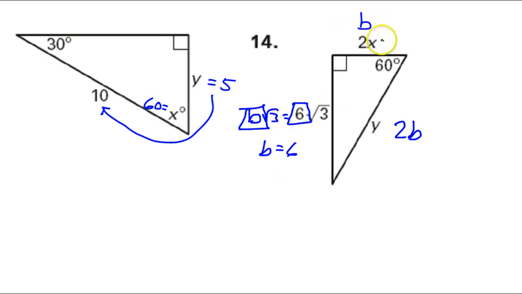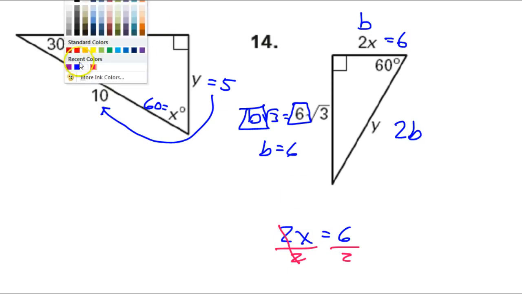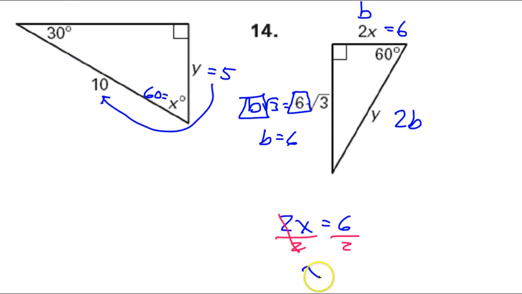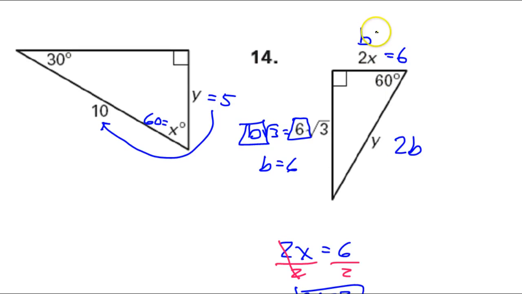Okay, in other words, you see the b and the 6, you know, b is clearly 6. Alright, so if this is 6, then that means 2x is equal to 6. Well, guys, if 2x is equal to 6, how do I find x? Yeah, just divide by 2. Alright, really simple. So that's going to give us that x is equal to 3. Okay, so fine, x is equal to 3, but in the meantime, the short leg here is 6. B is 6.